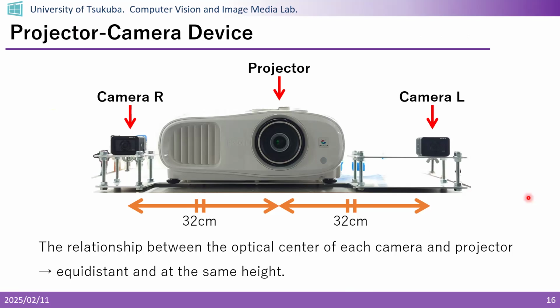These 2 cameras were positioned at the same distance and same height from the optical center of the projector. To prevent the projector and camera from being misaligned after camera calibration, they are fixed with bolts and nuts using aluminum plates.